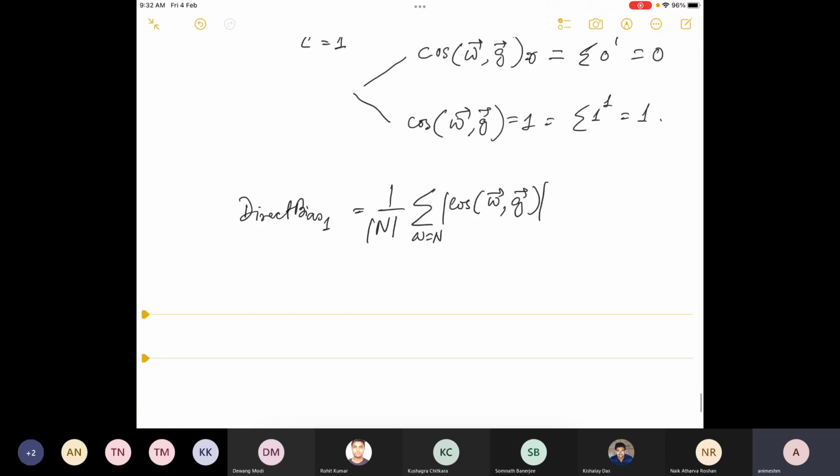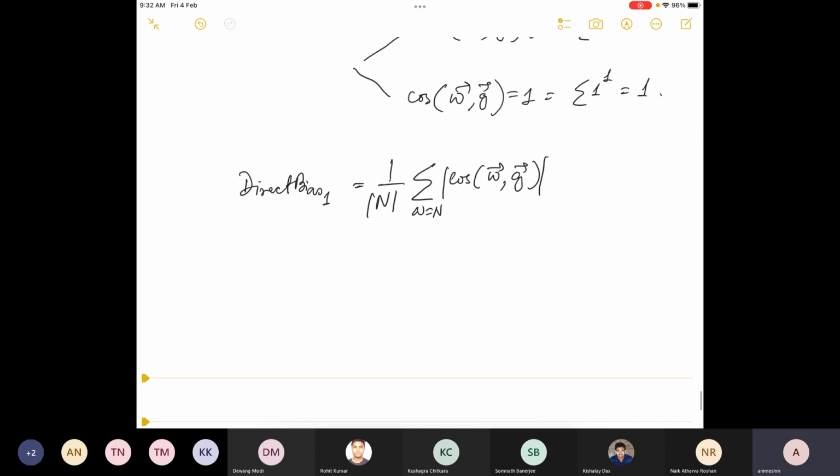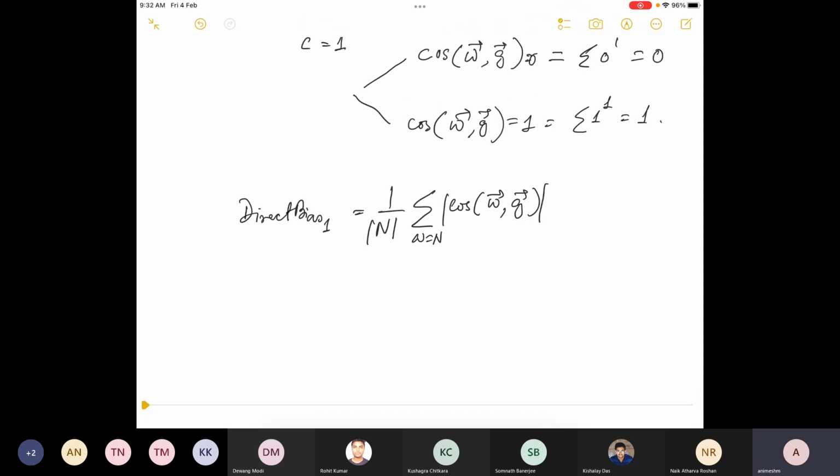Okay, so now the authors had a list of some 327 occupation words.